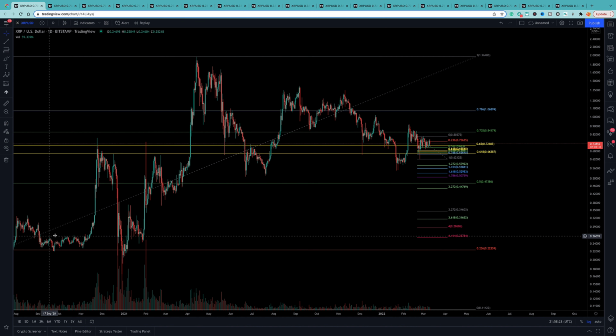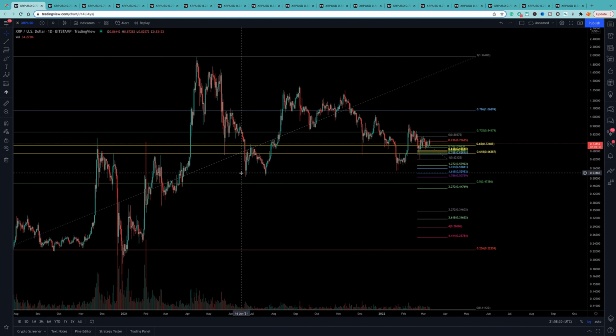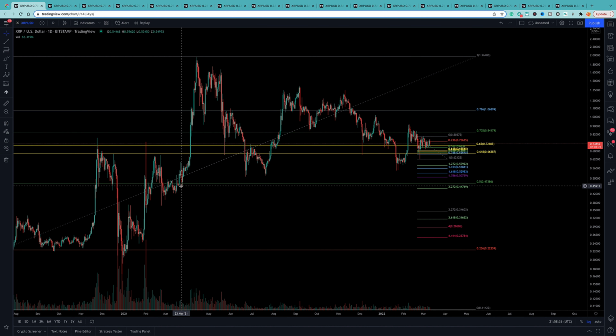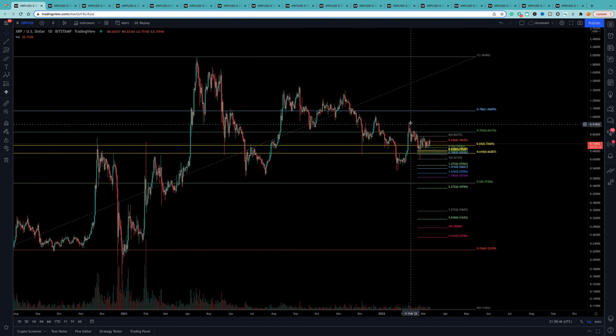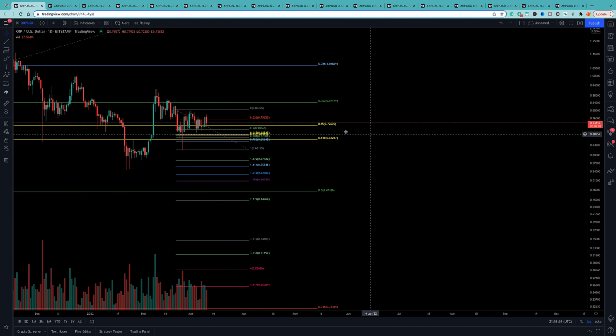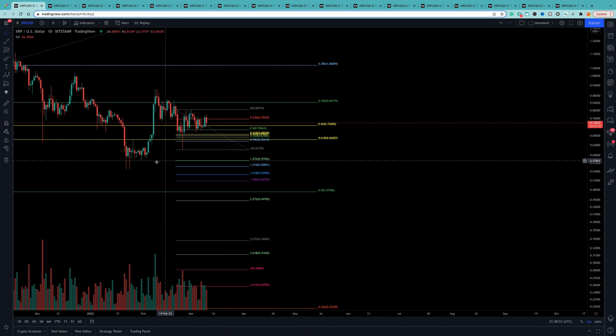So always with XRP, when you get the pump, it likes to come back very close to where it kicked off. So the start of this pump would be here, so it likes to come back to it. This here started this one, likes to come back to it. So with this one here, there's a good chance that it might like to come back close to its bottom.